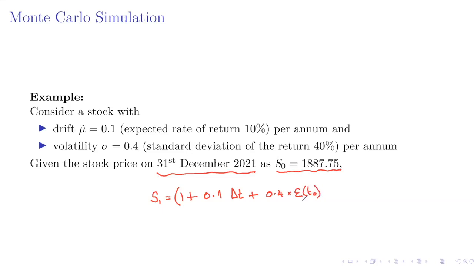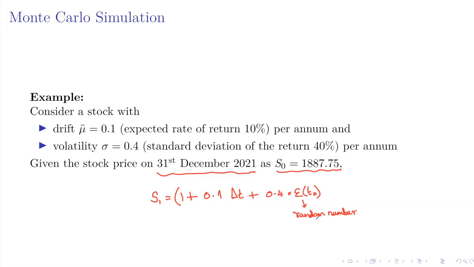What is this? This is nothing but a random number. So how do you get this random number? You have to keep in mind that this is a normally distributed random number with mean 0 and variance 1.